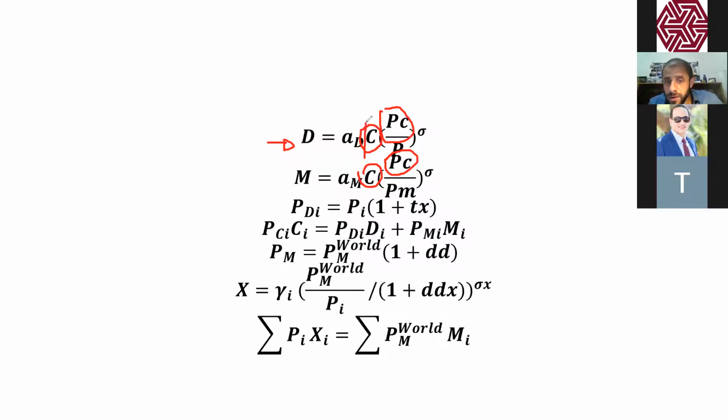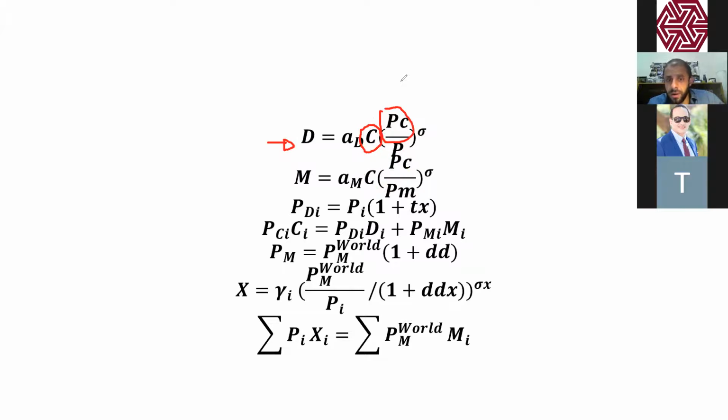So the higher the consumption, the higher the demand for domestic goods, and the higher the total demand, the higher the demand for imports as well. So that's on the presence of C here.